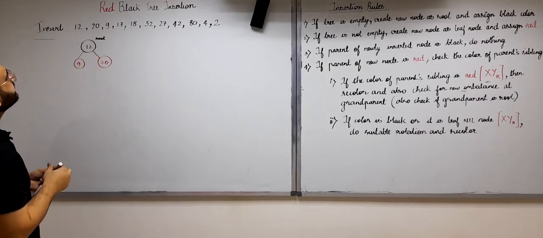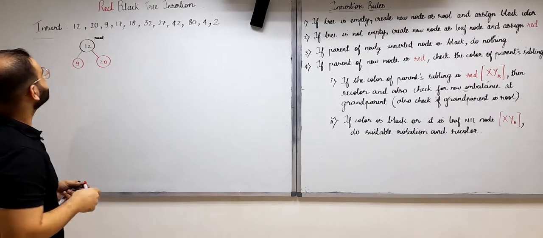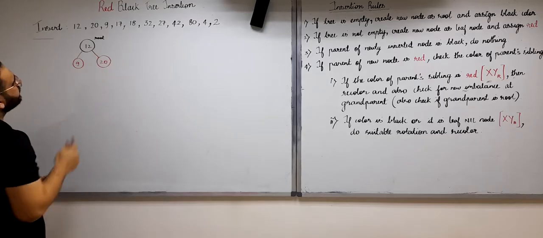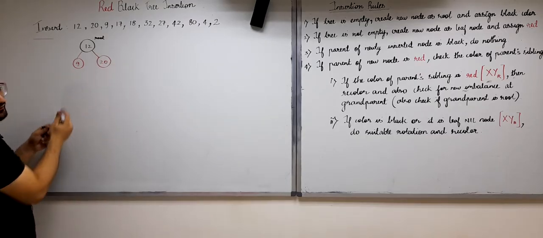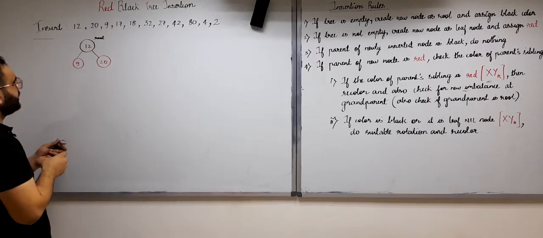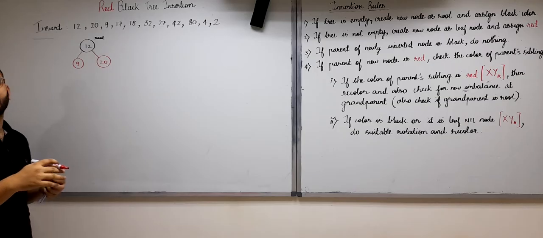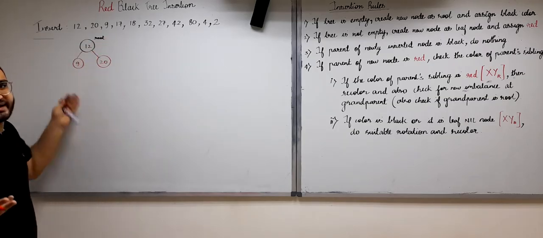Fine. So now let us insert the next element, that is 17. When we insert 17, it will come on the right side of 12 and on the left side of 20 because it is less than 20, and it will be assigned red color because now all the nodes will be assigned red color. Why? Because the tree will never be empty right now. We are not performing any delete operation.